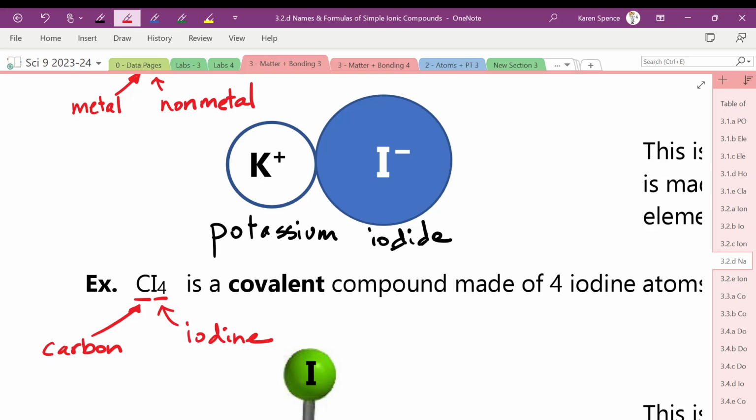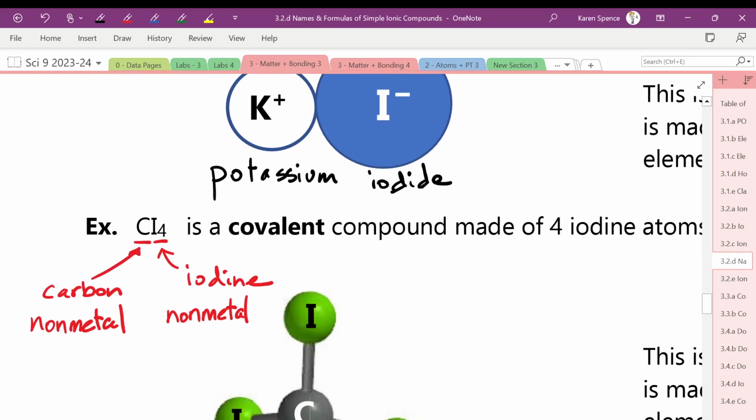Carbon is a non-metal. Iodine is a non-metal. Is this an ionic compound? Non-metal plus non-metal, is that ionic? No.